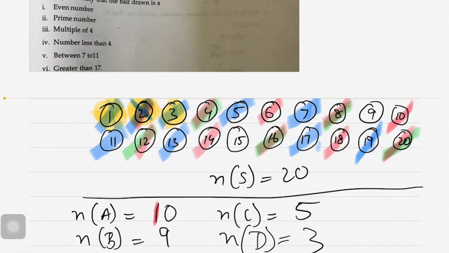Okay. Next, between 7 to 11. So numbers which are between 7 and 11. Between 7 and 11, that means you will not include 7 and 11. Okay. So I'll mark it in red color. Numbers between 7 to 11.